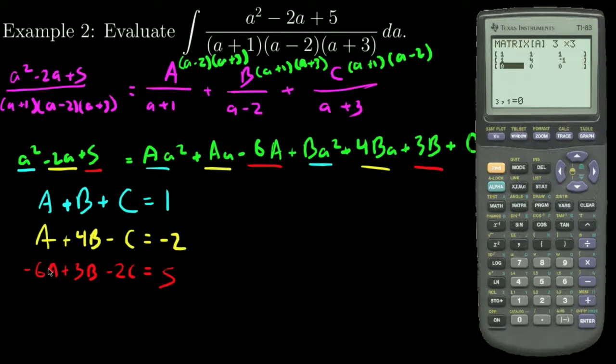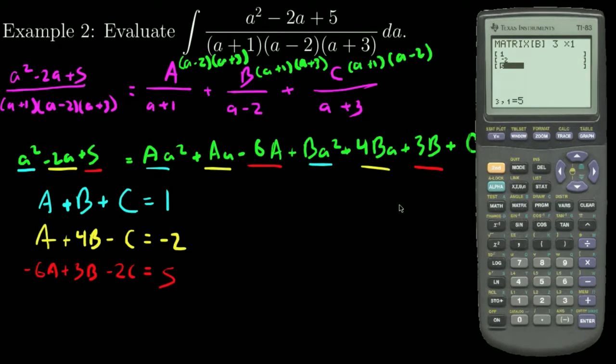And the last row is negative 6, 3, negative 2. So those are the coefficients. I'll quit out of this, make another matrix for the right-hand side. It is 3 tall and 1 wide, so 3 by 1. And it'll be 1, negative 2, 5.